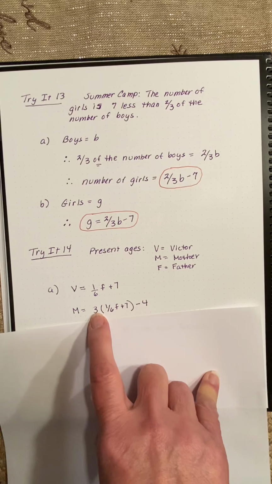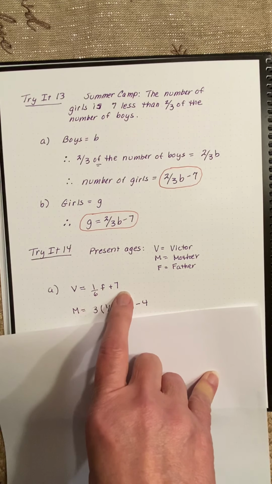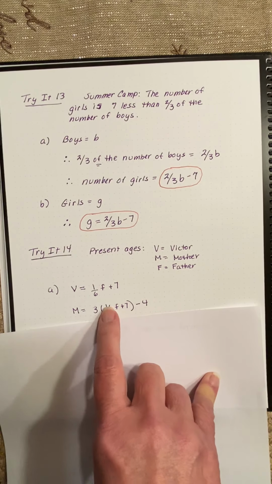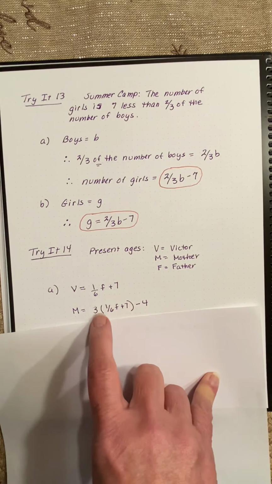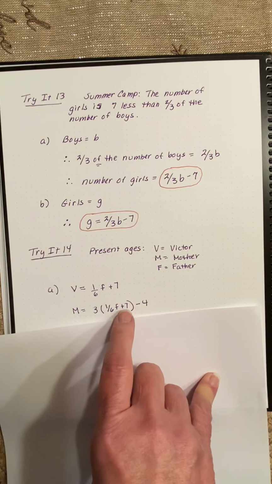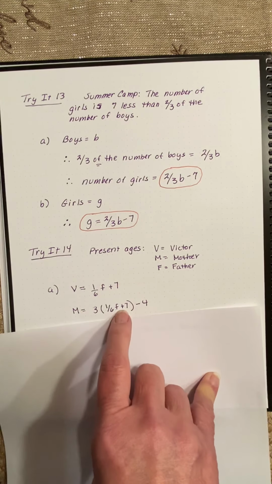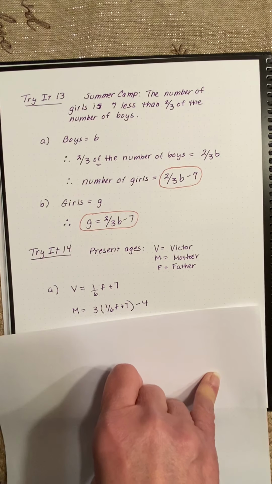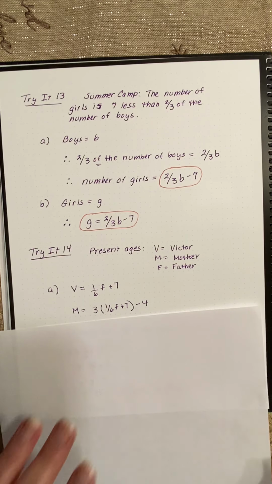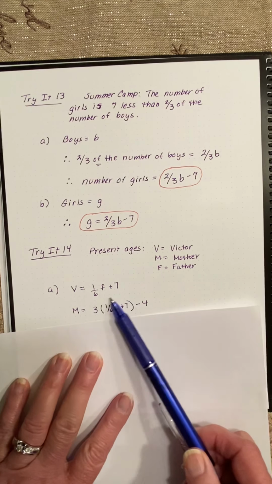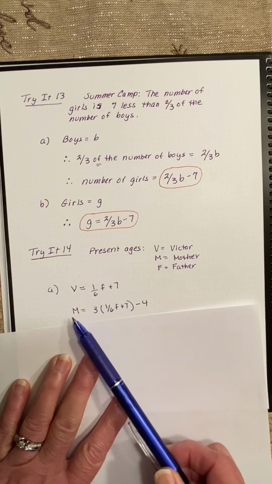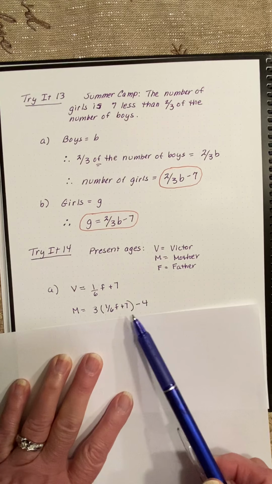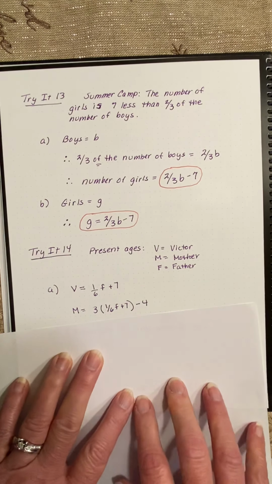So she's 3 times Victor's age, which right now is 1/6 of the father plus 7, and I keep it in parentheses because I have to have it 3 times this exact quantity, and then I subtract 4 years. Okay, so there's my setup. Sometimes in a problem, you have to find the simple setup because the second one uses that for its setup. Be very careful of those things.